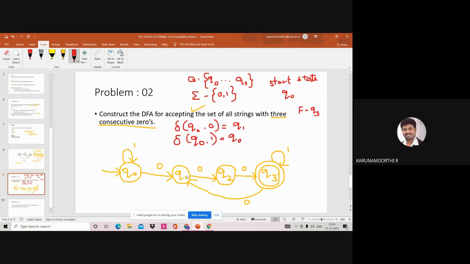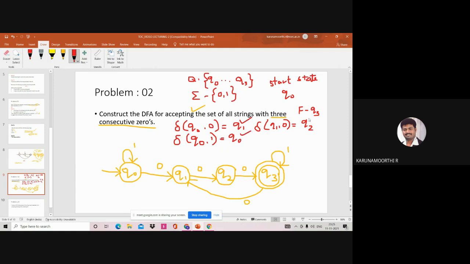Next you have to consider the Q1 state. Transition of Q1 comma 0, it reaches Q2. Rest of the things you please work out. So definitely you will reach only one state here.